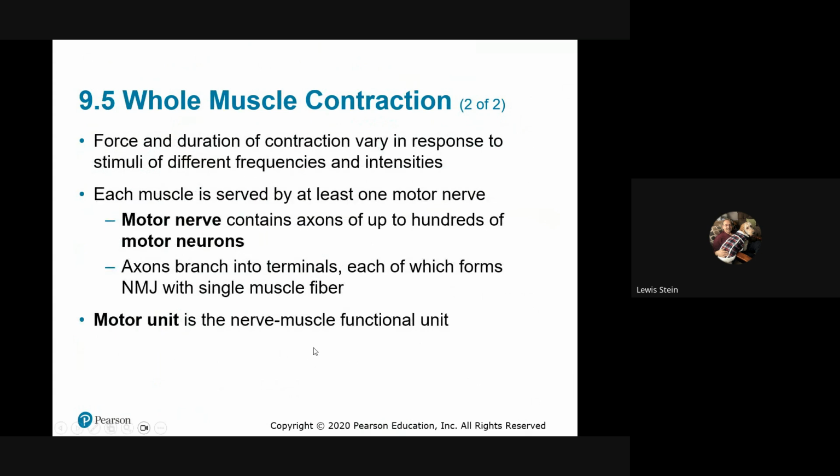And then they give you an anatomical description of what's called a motor unit. So the motor nerve, and basically all of the axons, all of the tiny components of the nerve that are going to effectively make these muscle fibers fire. They branch into terminals, and they form a junction with each single muscle fiber.